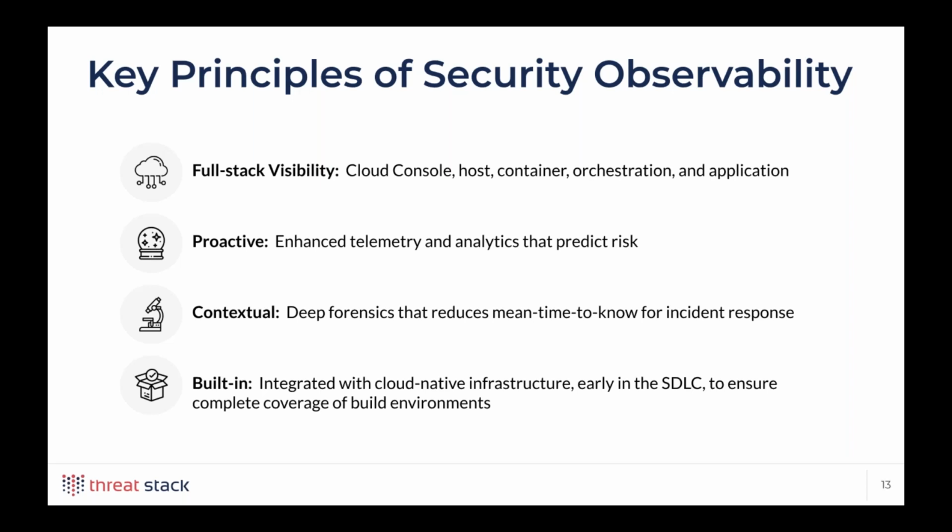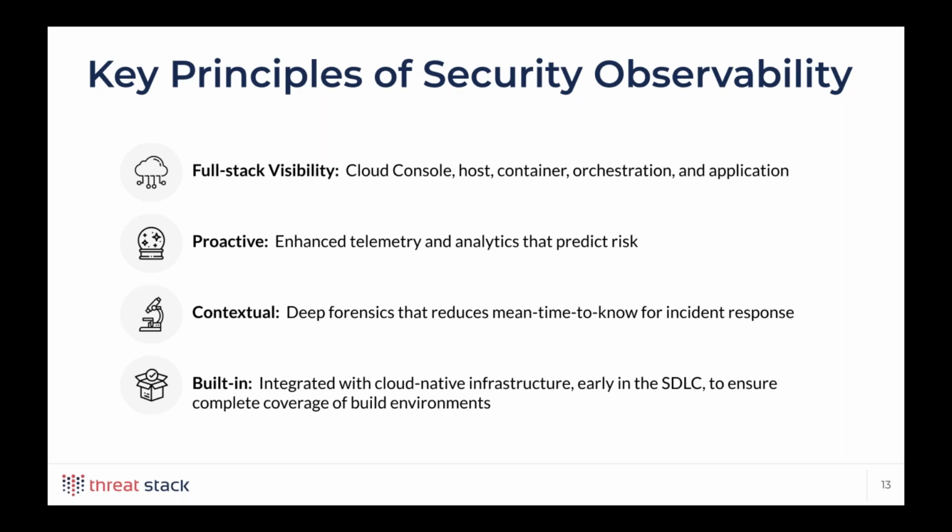And finally, if you really want to extend observability to all the elements of your build pipeline, it's our contention that this sort of observability has to be built in. You've got to be integrated with cloud native infrastructure early in the SDLC to ensure that you have coverage by default.